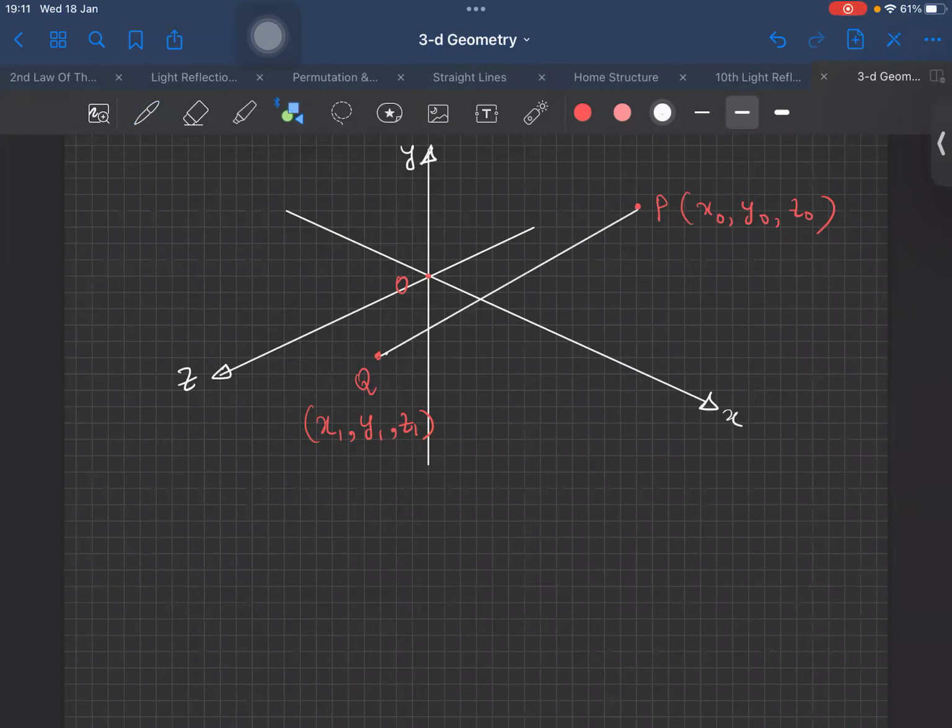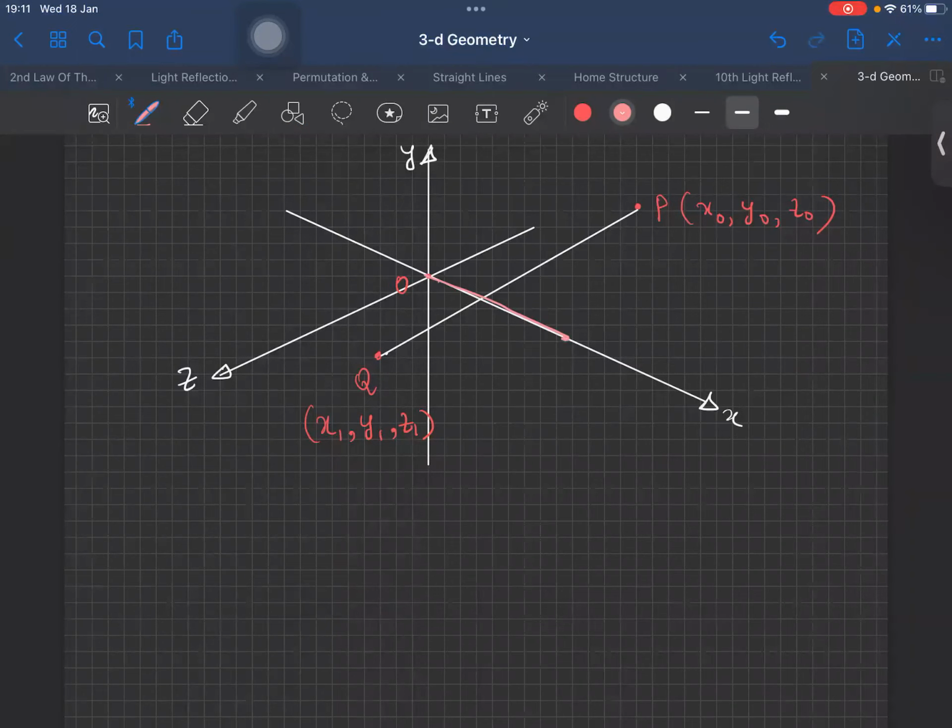So this is PQ. Now see, to go to P, what does x0 represent? It represents how much you are traveling in the x direction, from here to here, let's say to this point, x0.